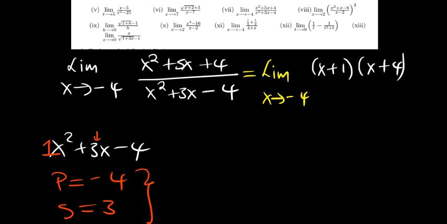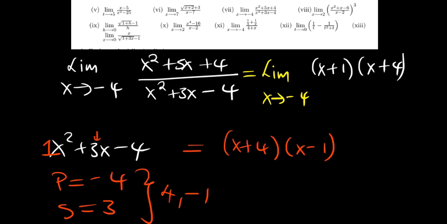What two numbers can you multiply to give you negative 4 and add to give you a positive 3? Obviously that would be a 4 and a negative 1. 4 times negative 1 is negative 4. 4 plus negative 1 is positive 3. I've got a coefficient of 1, so it's just going to be (x plus 4)(x minus 1).